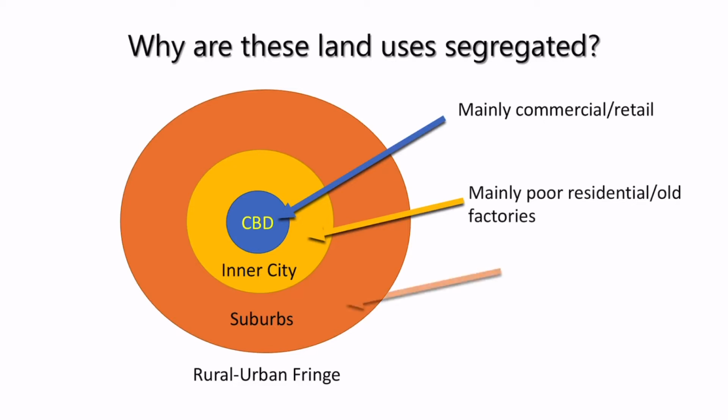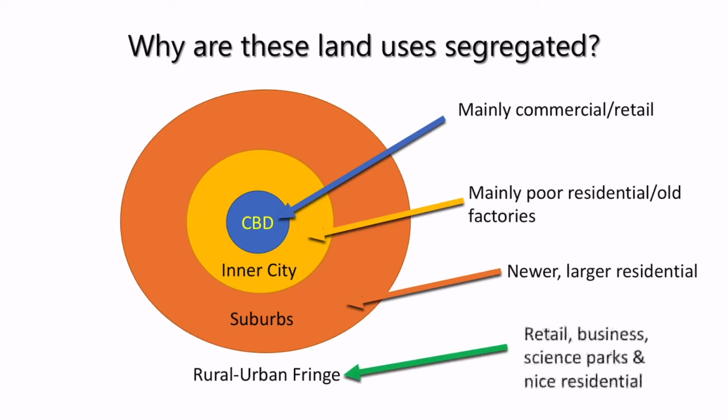As we move further out, the residential gets newer and larger, and then we get this complex rural-urban fringe, which is so in demand, with so many different land uses wanting to use it: retail, business parks, science parks, and then really lavish, large residential.